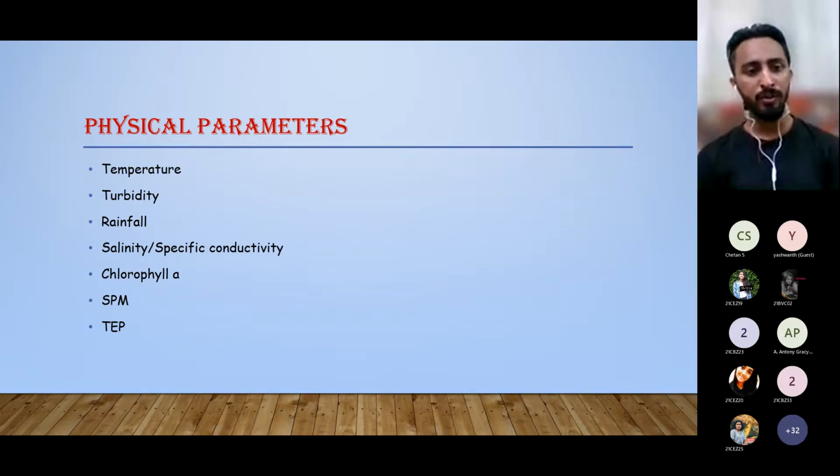We are measuring SPM after turbidity because we need to know how much suspended particulate matter is present in that water body, because it is directly linked to the movement of the plankton groups. It causes hindrance to the movement, and might also result in a decrease in the phytoplankton group.